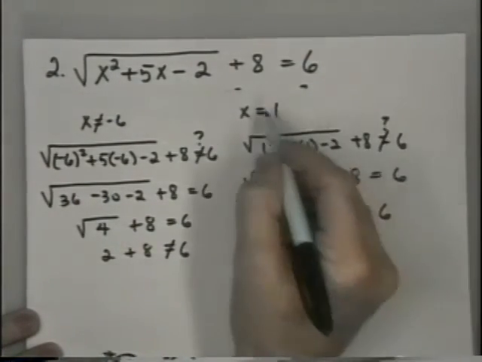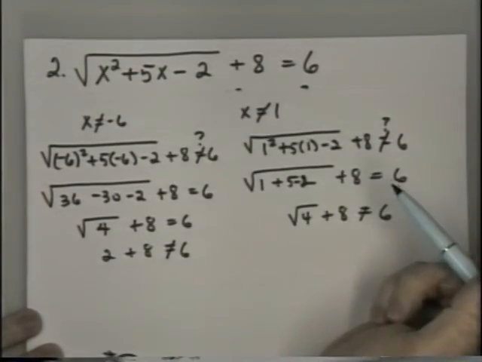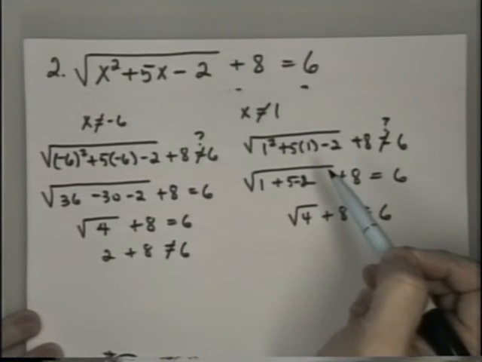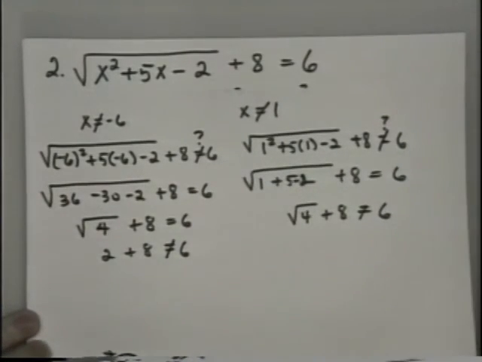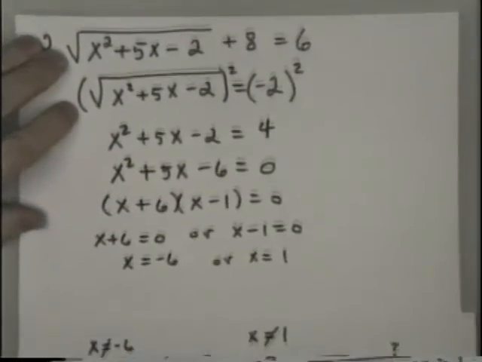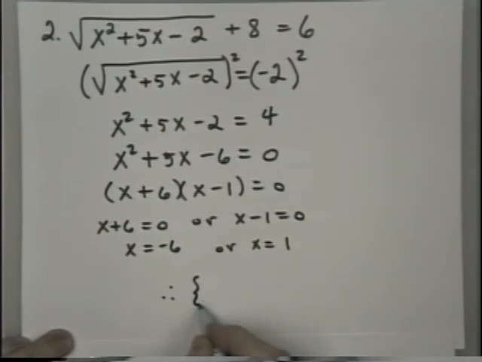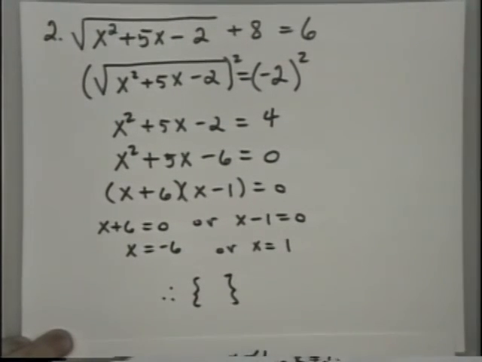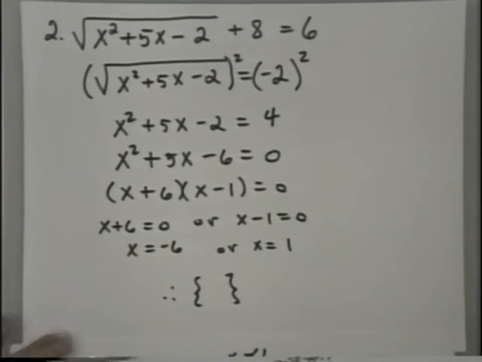So neither one of those turn out to be solutions. So what's our solution set? Our solution set then is empty, right? It's the null set or the empty set, because neither one of these can be a solution.